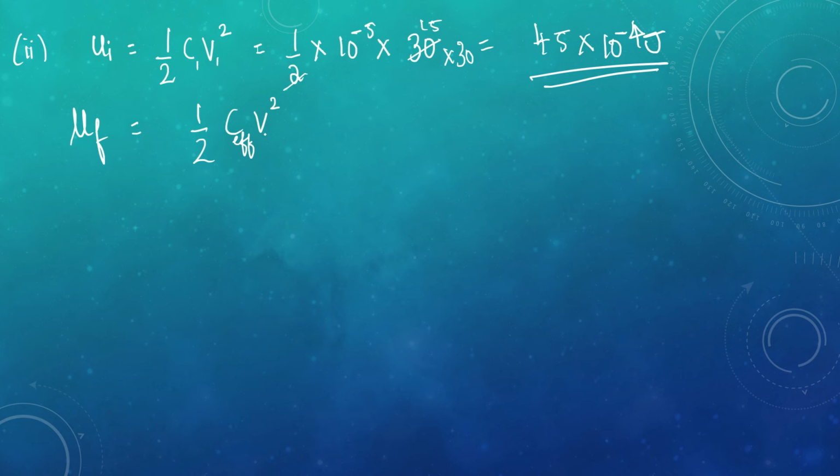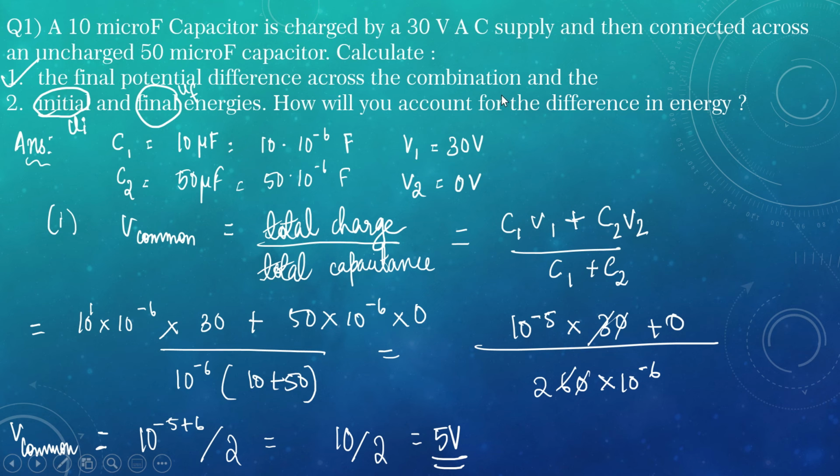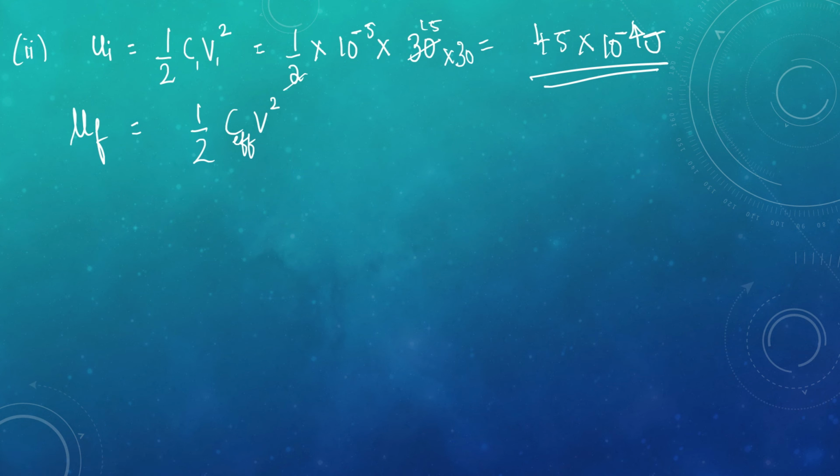For V square, we found the potential difference, so V common we will take for V square. So Uf, the final energy, will be half C effective into square of V common.